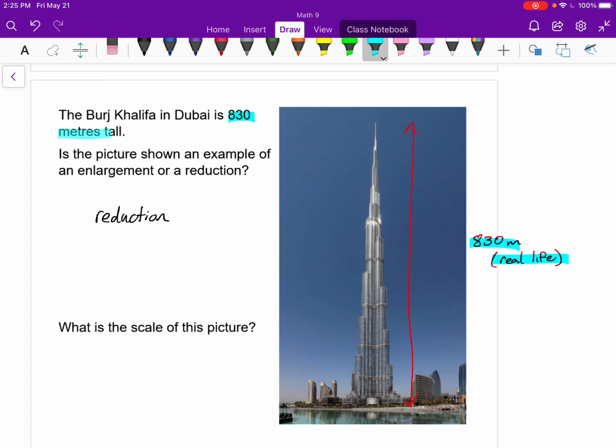But what is it in the diagram? So I grab a ruler, and I need to measure the same distance, from the top to the bottom. On my diagram, this distance is about 11 centimeters.